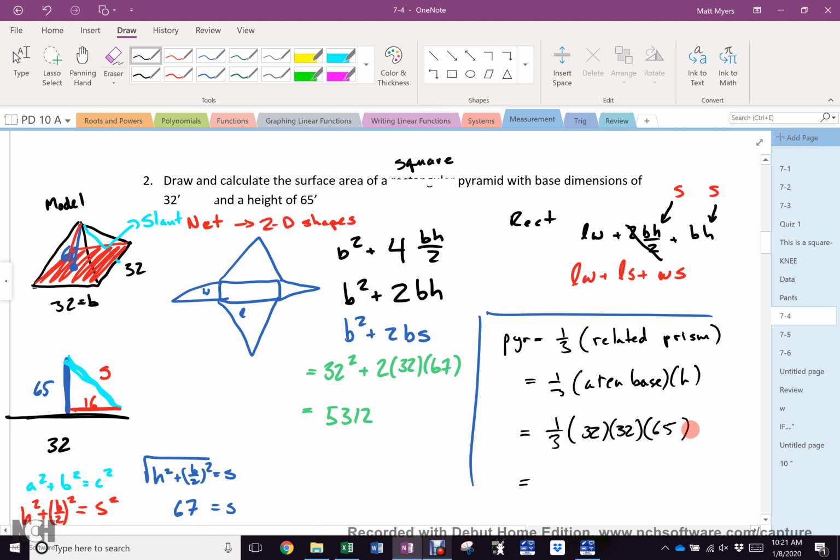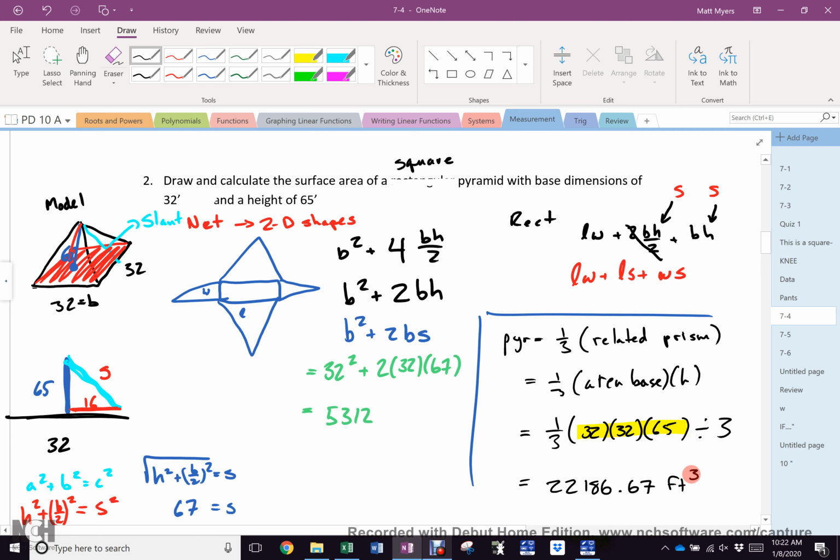Now, to punch it into your calculator, if your calculator doesn't have fractions, what's the best way to punch this in? The best way to punch it in is that divided by 3. Tell me what the answer is. 22,186.666 feet cubed.